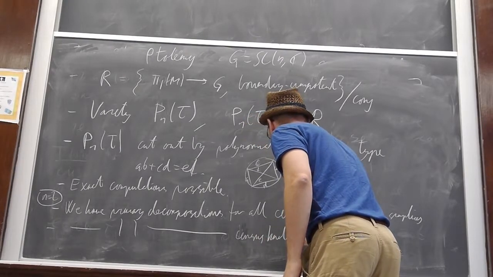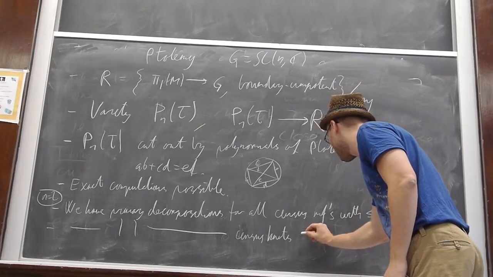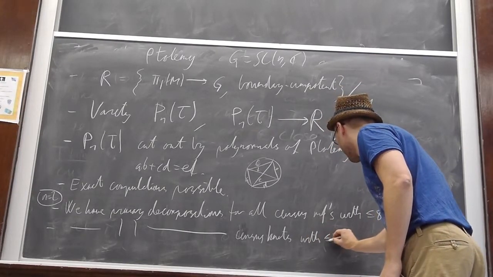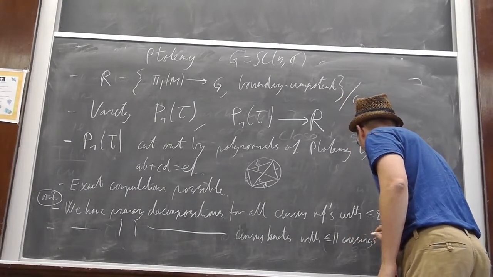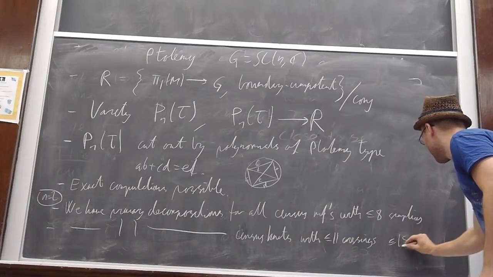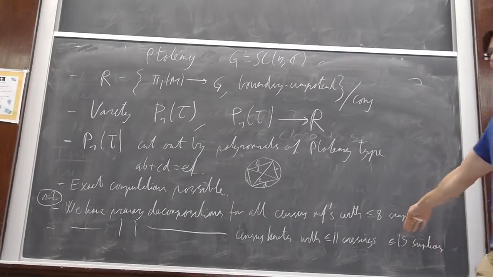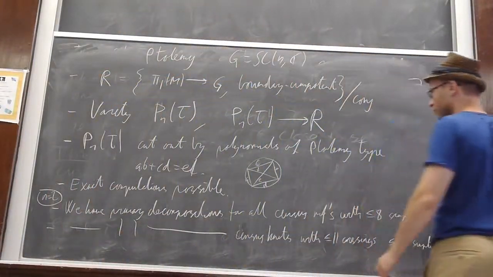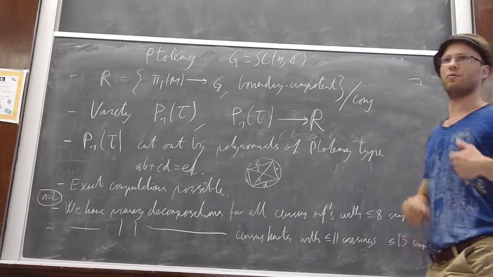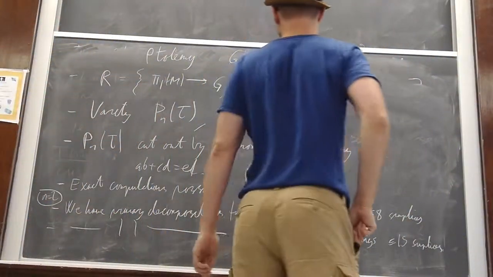This depends on the triangulation. So this is for the census ones: census knots with less than or equal to 11 crossings, and less than or equal to 15 simplices. We can do everything. We can also go up to a higher number of crossings and simplices, but there are some that we can't finish. They keep running for a long time.